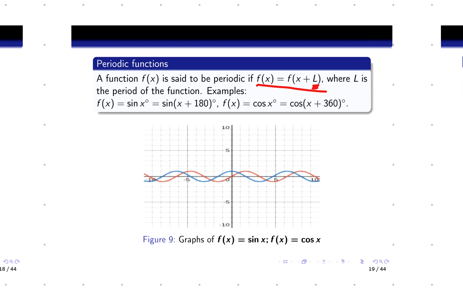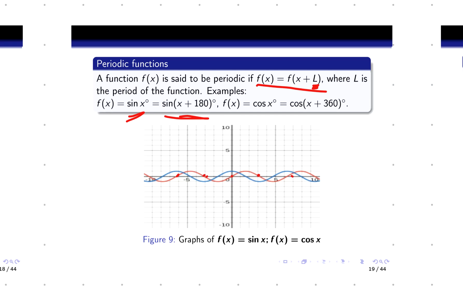So an example is sine x in degrees. After every 180 degrees, sine x becomes the same again. So that's why you see it goes to 0. After 180 degrees, it comes back to 0. After another 180 degrees, it comes back to 0, like that. So in this case, you can say that the period of sine is 180 degrees. It's 2 pi.